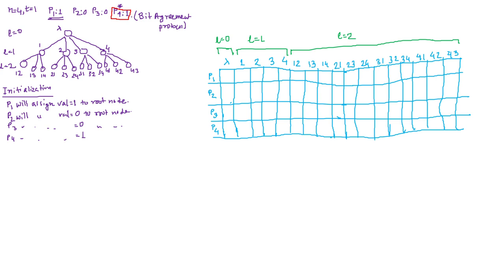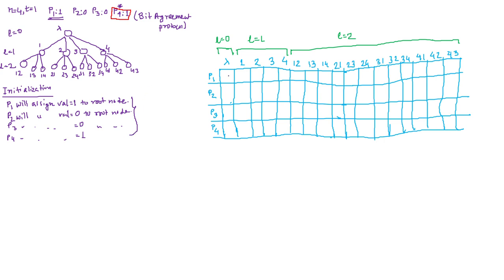Although it is supposed to say 1, it may not, because it is a maliciously corrupted party. For now, let's assume it is assigning 1 to its own root node. So that is only part of the initialization phase, right?